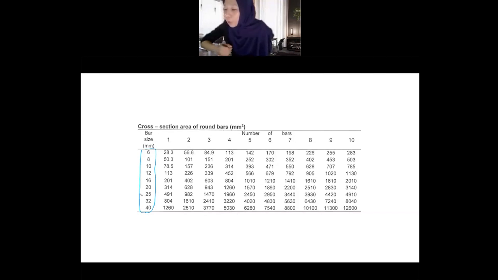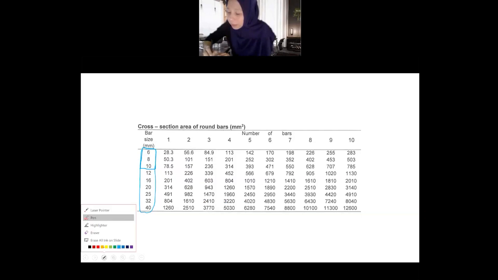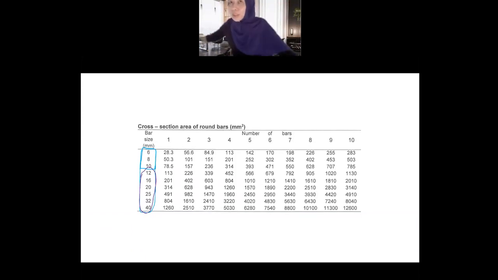Okay, for links, normally the sizes we use are only up to here. Okay, we don't use the big sizes down here. Why? Because there is no need. It depends on the design. You just want to design a simple beam. We don't need to make the link size too big without any need. Okay. The bigger the link, the more expensive it is. So we just assume its size is 10 mm.